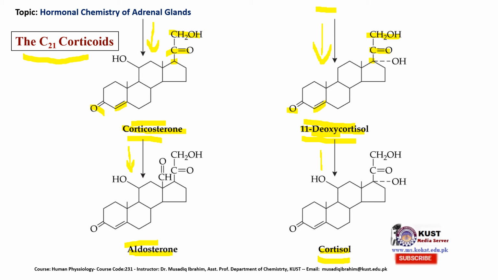Now the difference between corticosterone and 11-deoxycortisol is that at carbon number 11 in corticosterone you have a hydroxyl group present, while in case of 11-deoxycortisol at carbon number 11 you don't have any hydroxyl group, as well as at carbon number 17 you have a hydroxyl group present in 11-deoxycortisol, while in case of corticosterone you don't have any hydroxyl group present at carbon number 17.